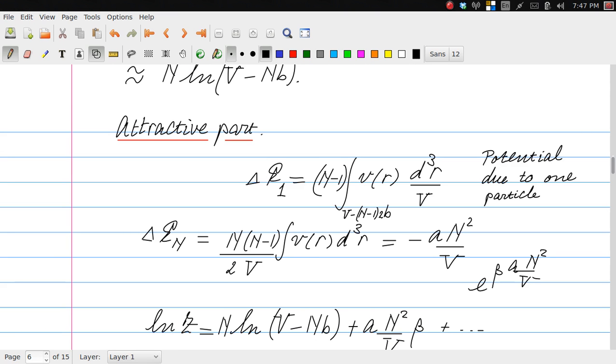In order to approximate the attractive part, we just look at one particle immersed in the gas or in the liquid.